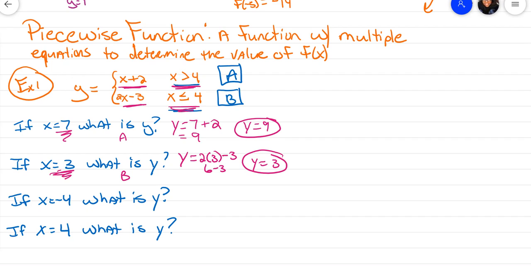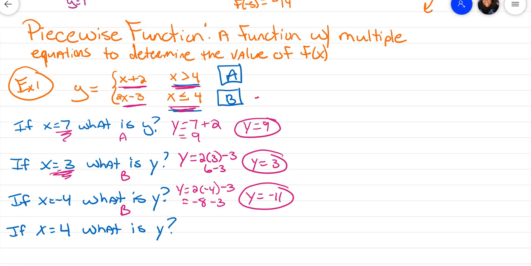For the third one, it says if x is equal to -4. First of all, decide, do we use A or do we use B? -4 is less than 4, so we're going to use B again. So I plug into the bottom equation: y equals 2 times -4 minus 3. That's -8 minus 3, and I get -11.